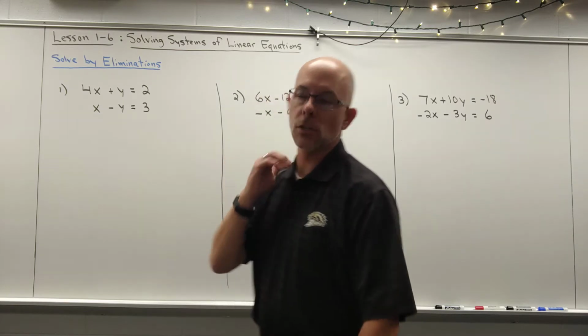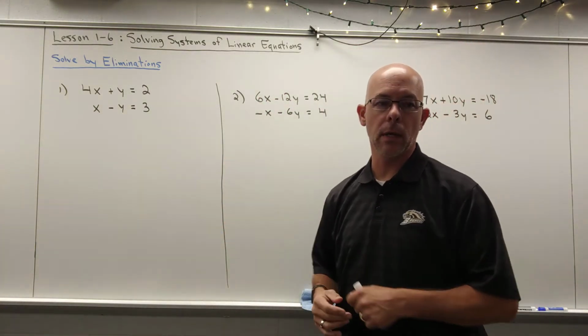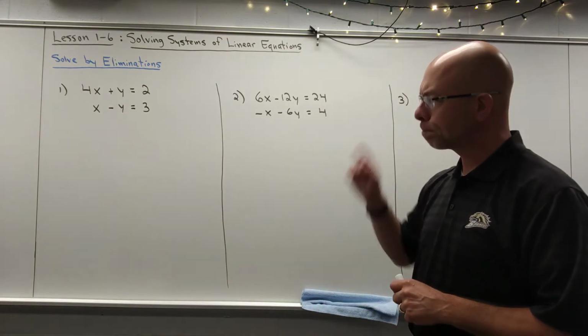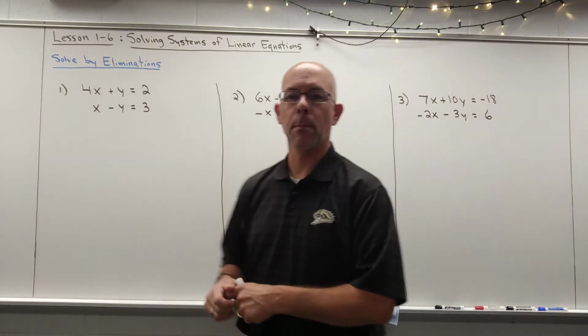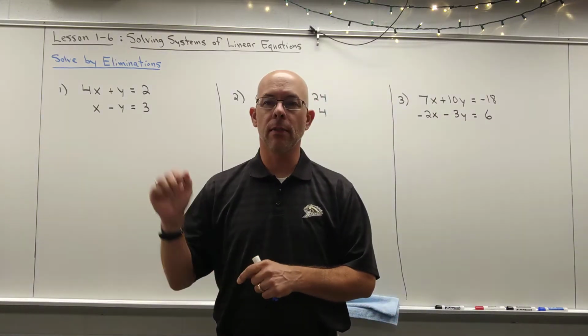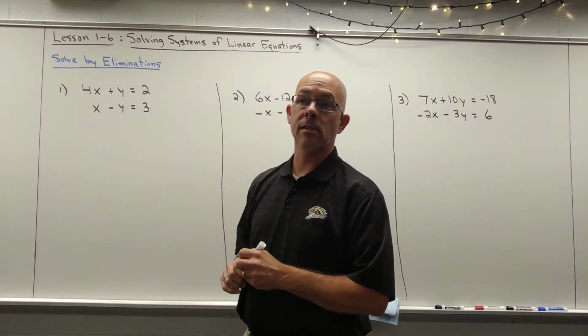But let's understand as you look at these three problems that are up here, and there's three more to look at in the video, every equation that's up here is a graph. You could graph this, they're lines now, and that goes back to a few lessons ago where we learned to graph lines in standard form.